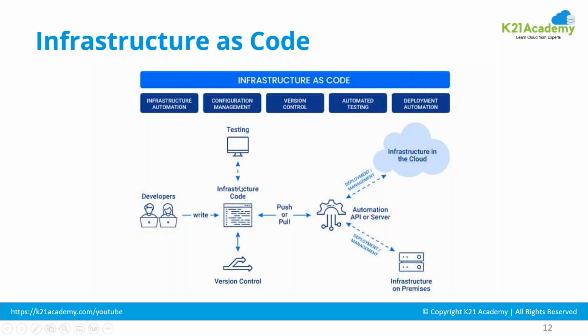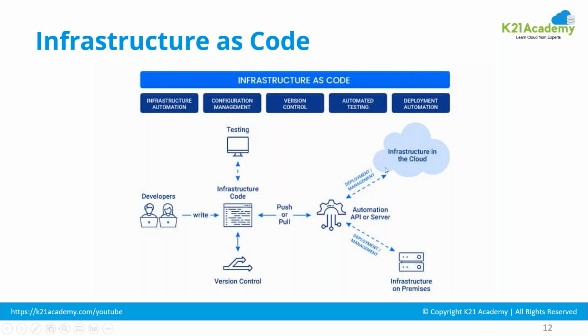That is where your configuration management comes into the picture, where you are going to manage the configuration or the deployments of your application over and above the infrastructure. You can use either push or pull of the code there using the APIs, application program interfaces, REST APIs and all, through which you are going to interact for automation purposes.